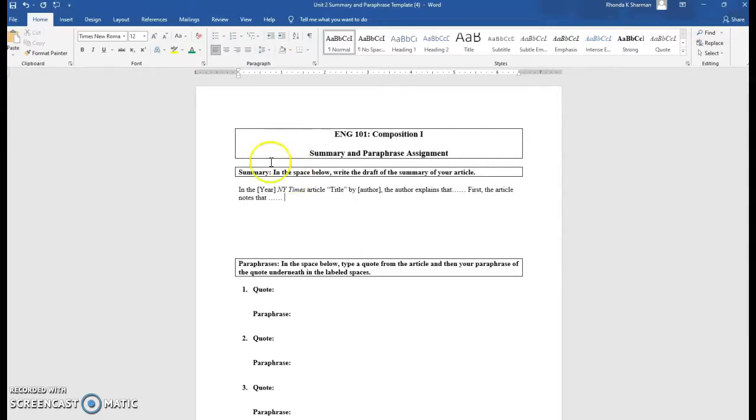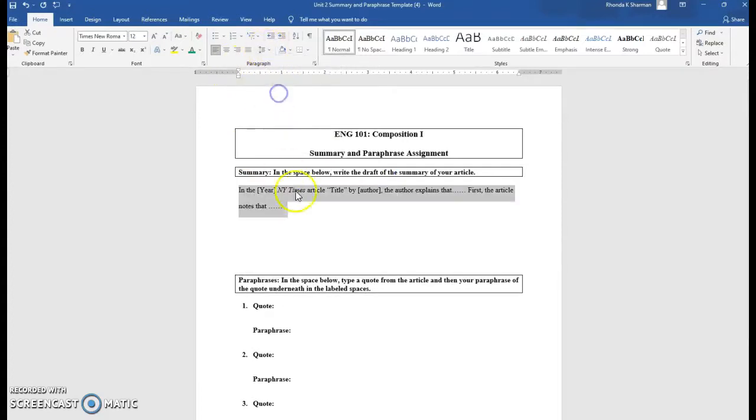So again, I only have this in single spacing, so let's just make it in double spacing. So it should be a paragraph double spaced, fully written out, where you are identifying the article, giving its overall point, and then going through those key points that you noted in your annotations, leaving out minor details, not giving any opinions, and using your words to explain what was in the article.